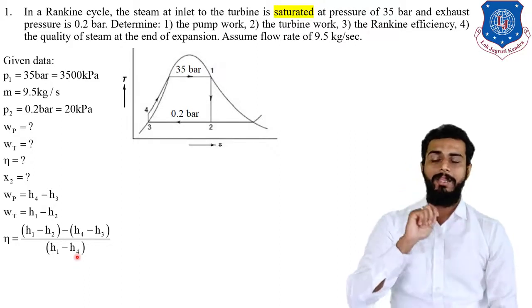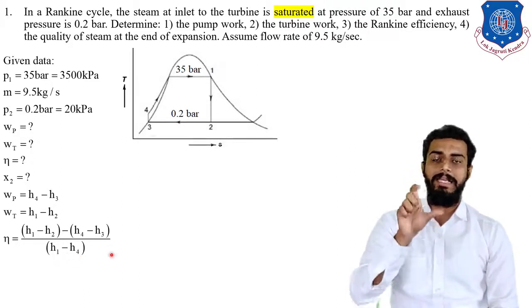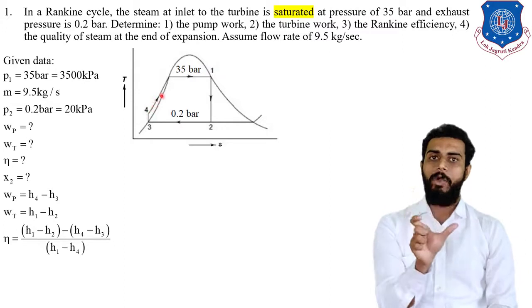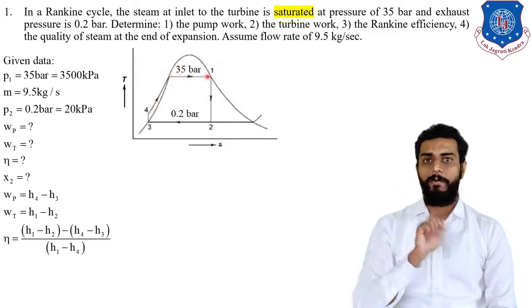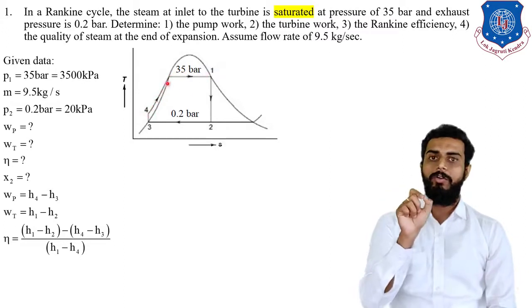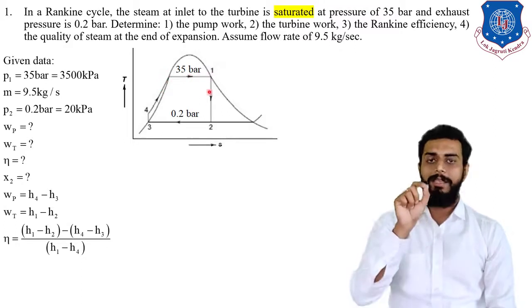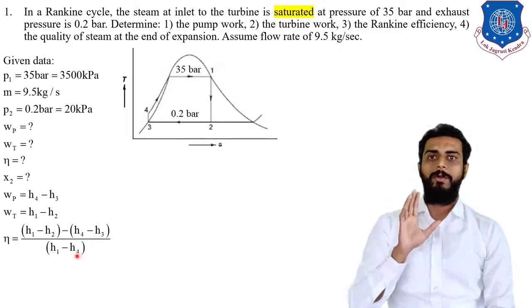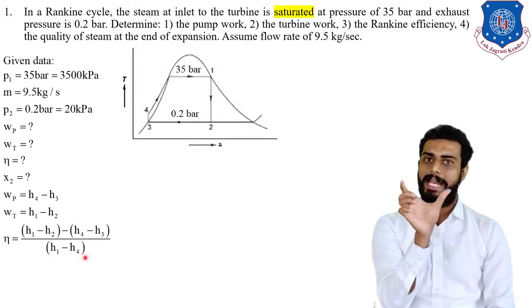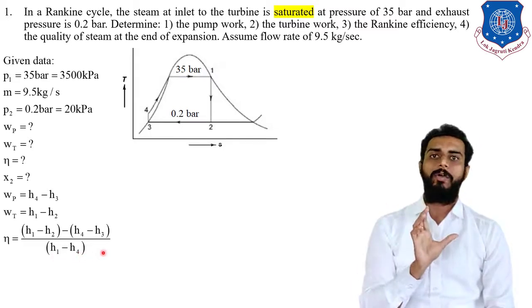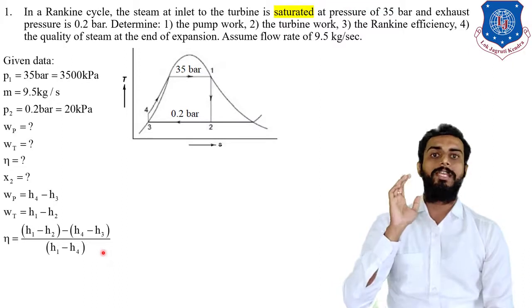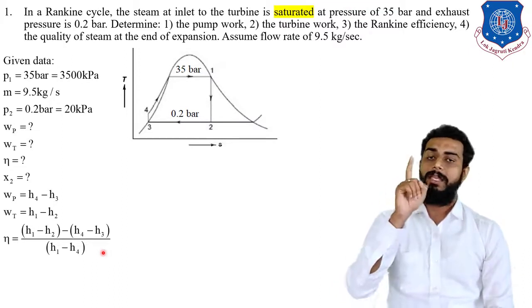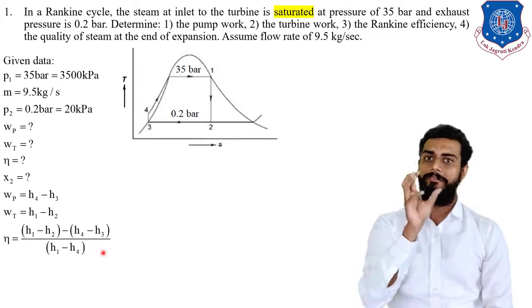Now heat supply. Heat supply is taking place in the boiler, and the boiler is between points 4 and 1. So to find the heat supply, you will subtract H4 from H1. Okay, so H1 minus H4 will be your heat supply. Now logically you should think which enthalpy should be the first one in every term.